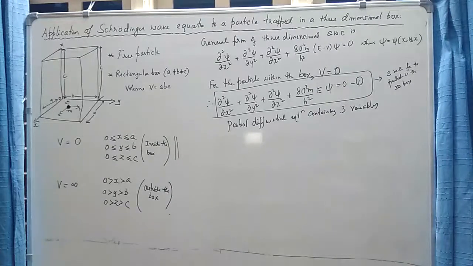Now there are different methods for solving such a partial differential equation. One simple method, and the most frequently used method in quantum mechanics, or at least in the earlier stage of the application of the Schrodinger wave equation, is called the method of separation of variable.